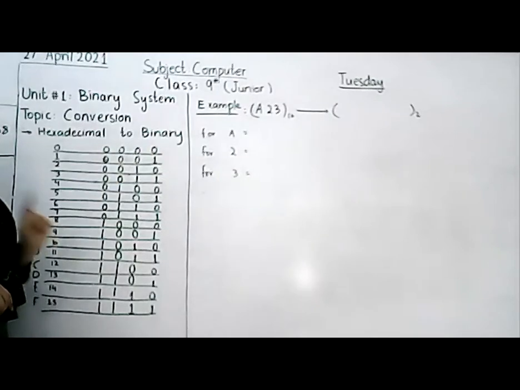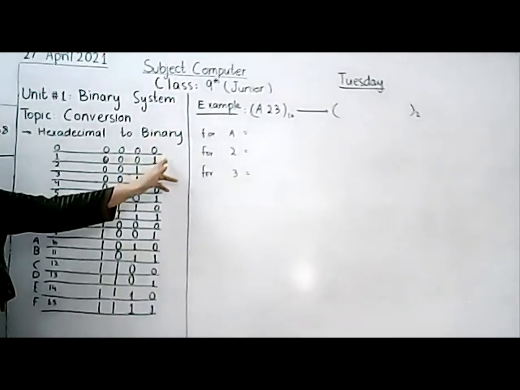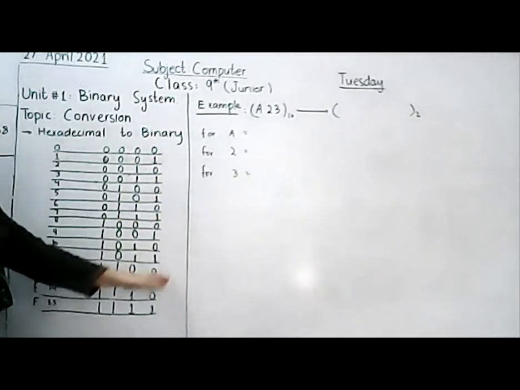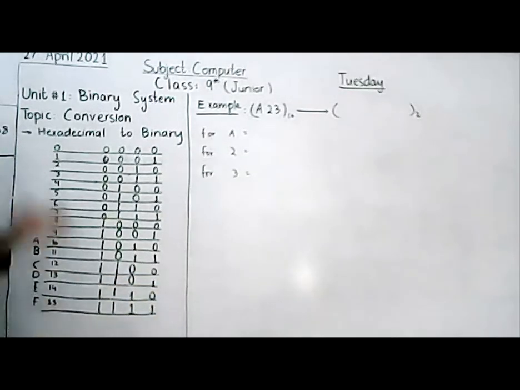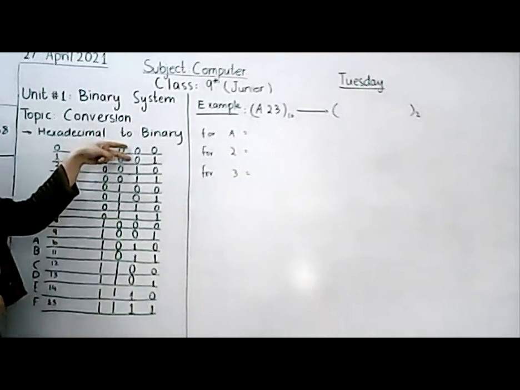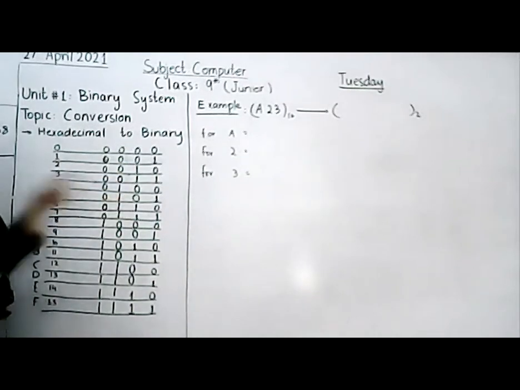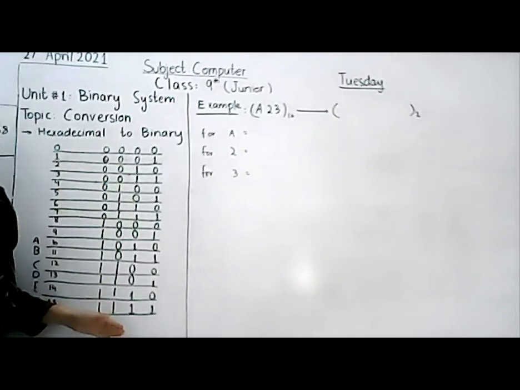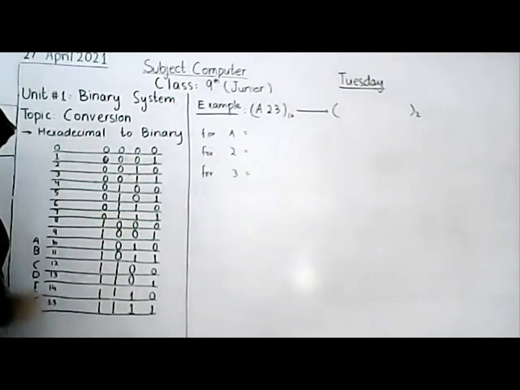In the first column, you have to go one by one. Means 1 time 0, 1 time 1, and so on. In the second column, you have to go 2 times 0, 2 times 1, 2 times 0, 2 times 1.